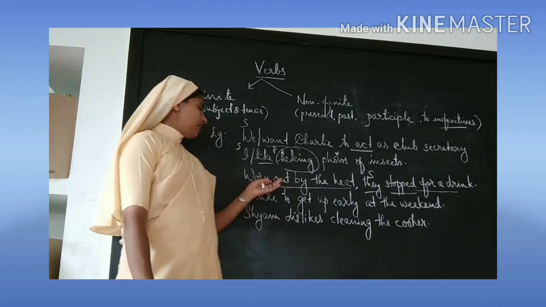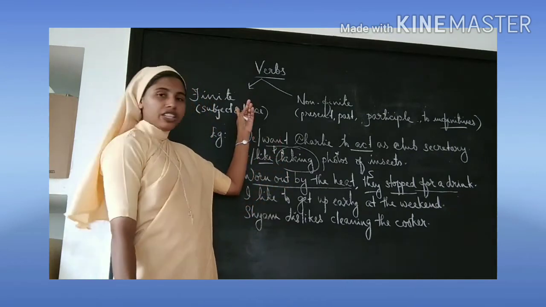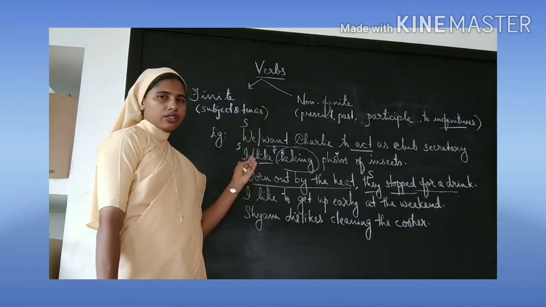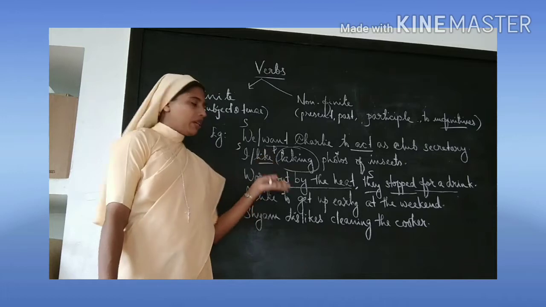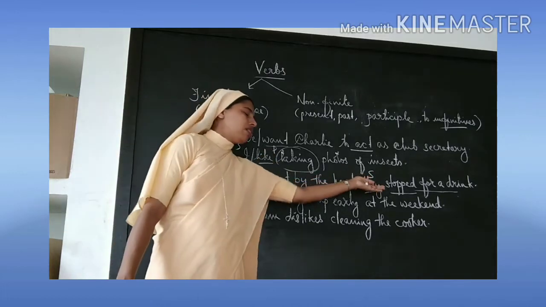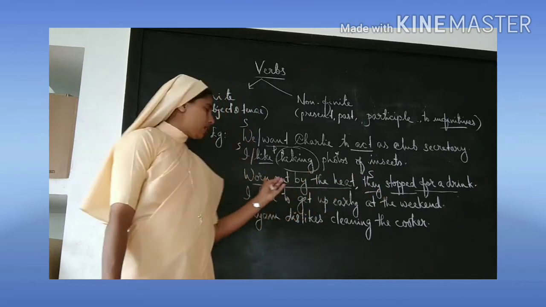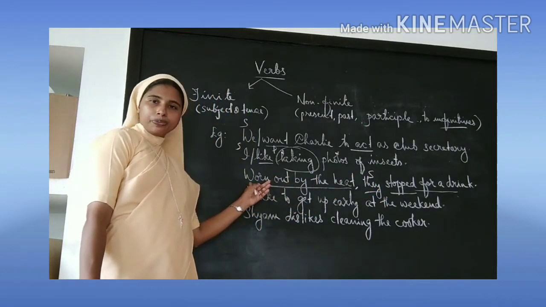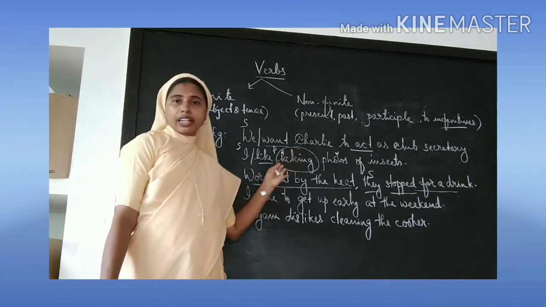But here it is not used as a main verb or a finite verb. What's the function of it? It functions as a non-finite verb, because even if we change the tense or number or the subject, there is no change from this worn out. It remains the same. So this is called a non-finite verb.